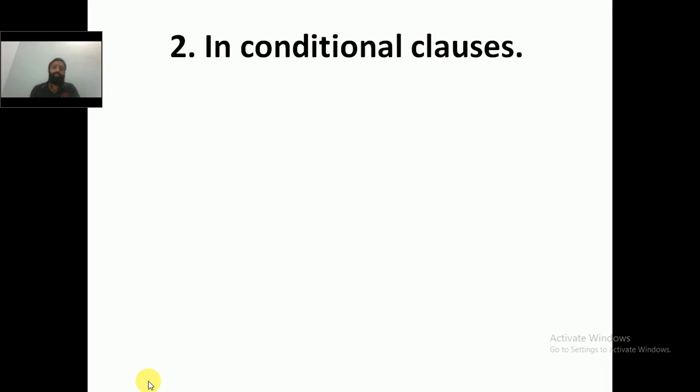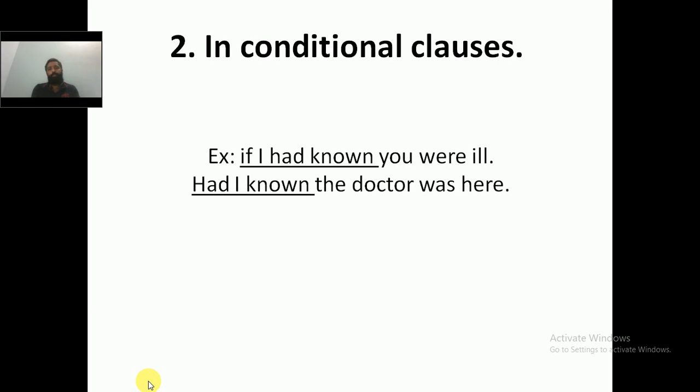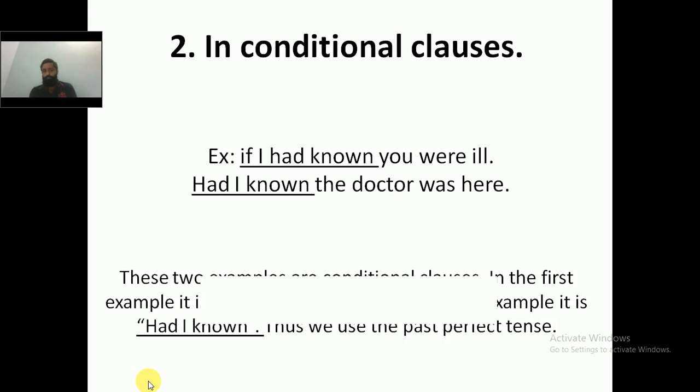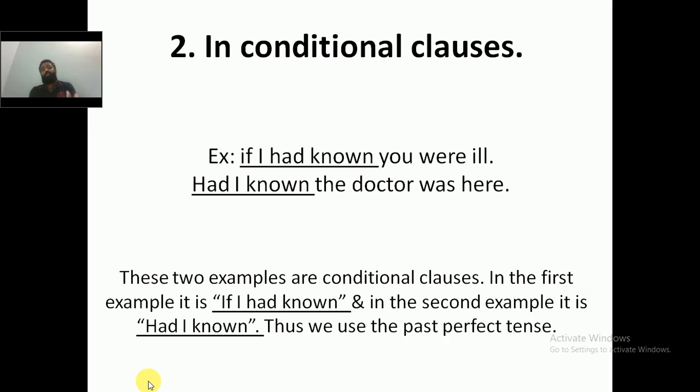In conditional clauses. I think and I believe that you are already aware of what is meant by the term conditional clauses. I have given two examples here. If I had known you were ill, had I known the doctor was here. These two examples are conditional clauses.